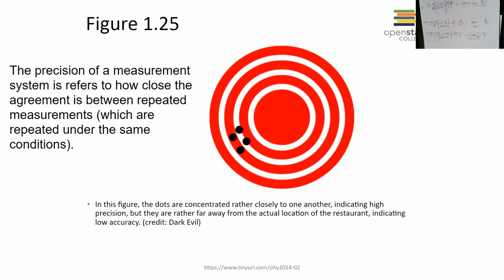Now, precision sometimes can be misleading. Say the actual length of a certain object is 5 centimeters, but you have a very advanced tool and you always get, say, 4.555, 3 digits after the decimal point, but you are actually off quite a lot. You're always getting a very precise number.